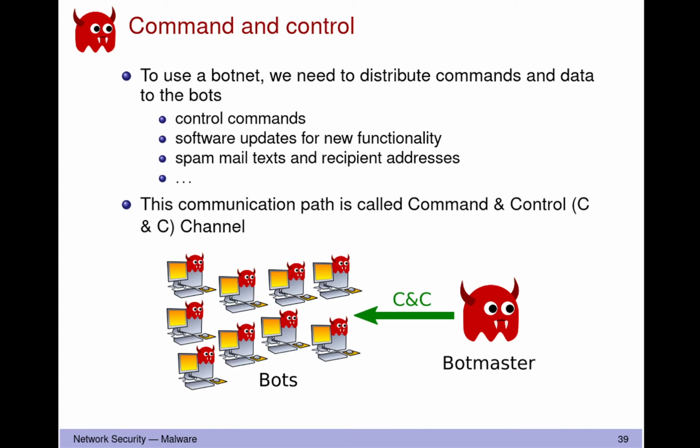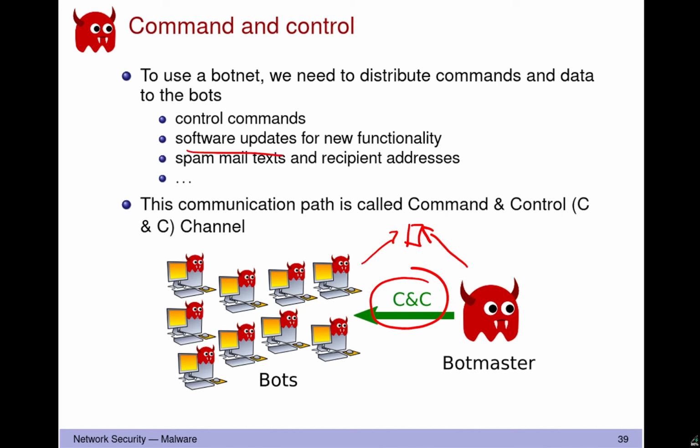So, how does this look like? We need to have some kind of connection to them. So the bot master should be able to send messages to the bots. Again, either they pull it from a site which is fed by the bot master, or the bot master can send it directly to send the control commands, to send updates.